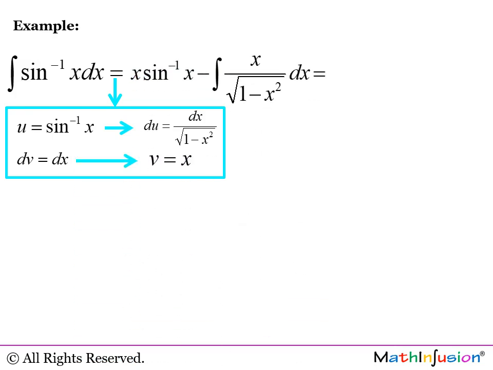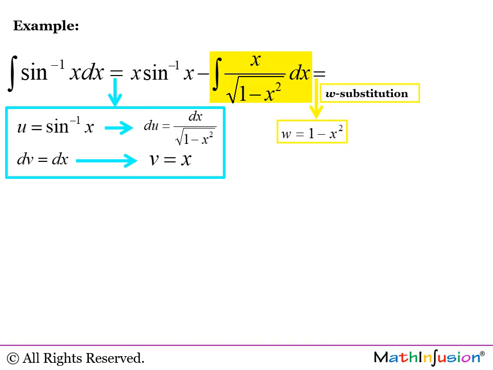In the setup of the by parts, I get x arcsine of x minus the integral of v du, which is the integral of x over square root of 1 minus x to the power of 2 dx. This one is an easy u substitution, but I don't want to use u substitution now because the u is the arcsine of x, so I'm going to call it w substitution.